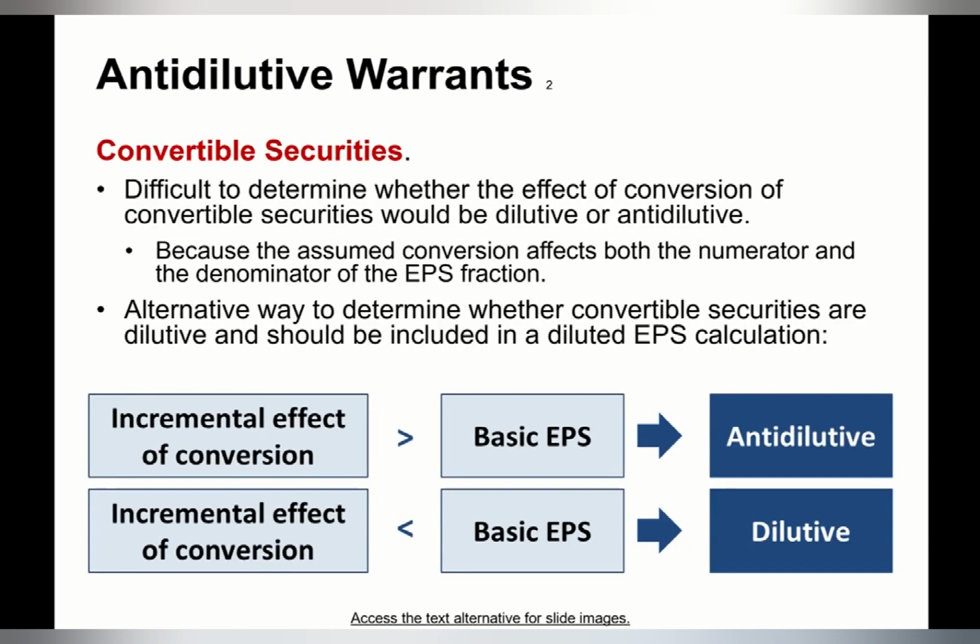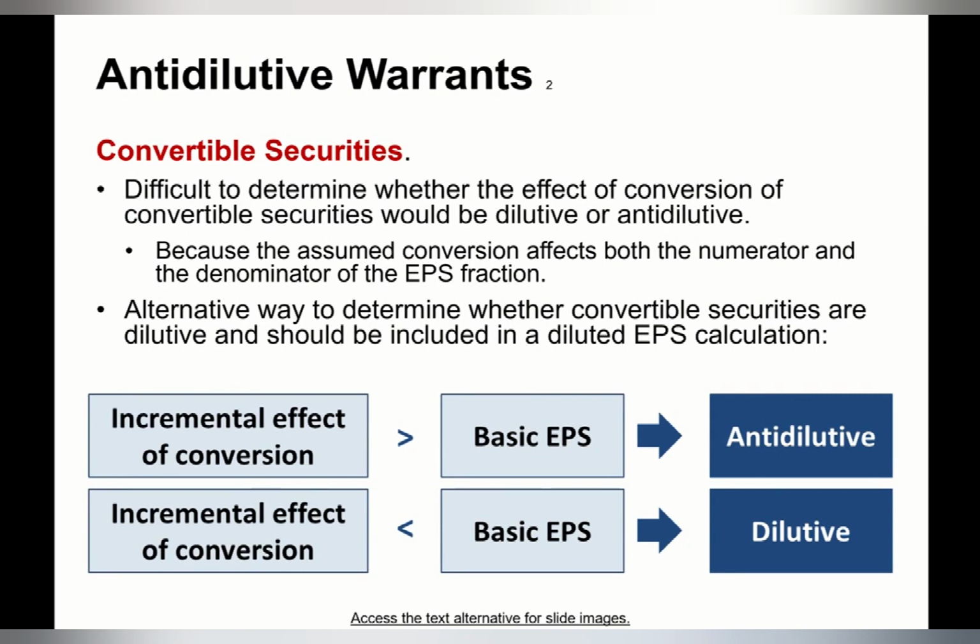For convertible securities, it is difficult to determine whether the effect of conversion will be dilutive or anti-dilutive because the assumed conversion affects both the numerator and the denominator of the earnings per share fraction.